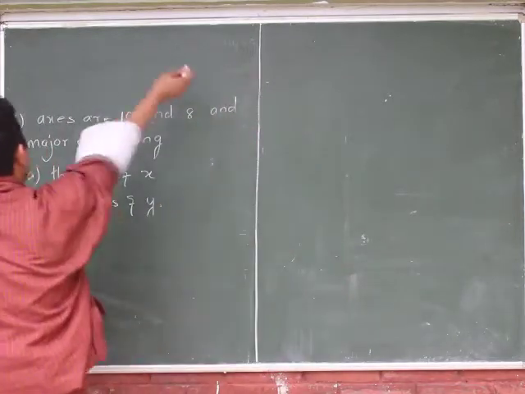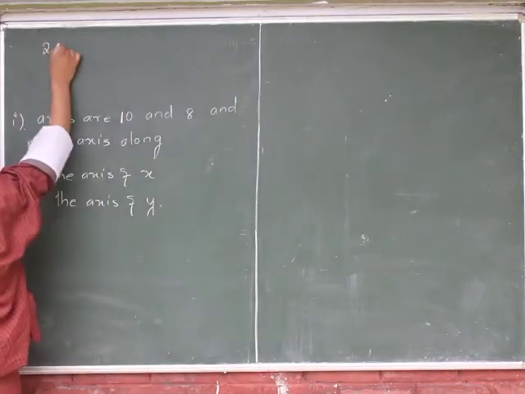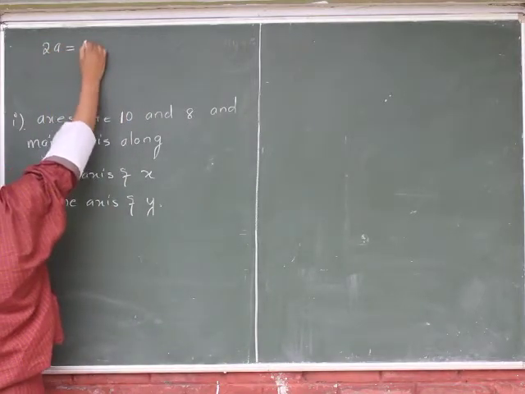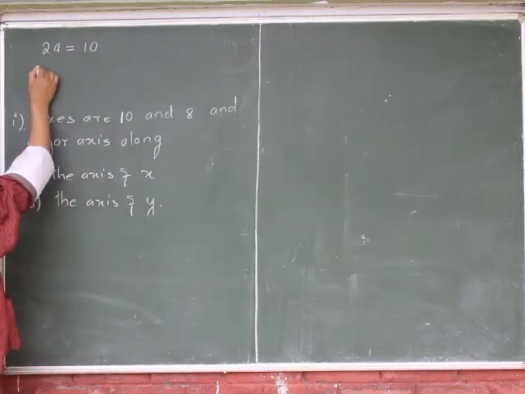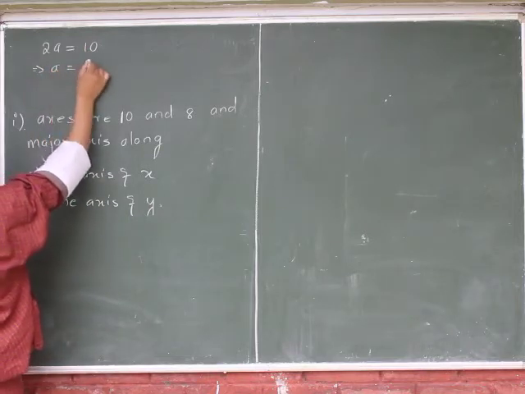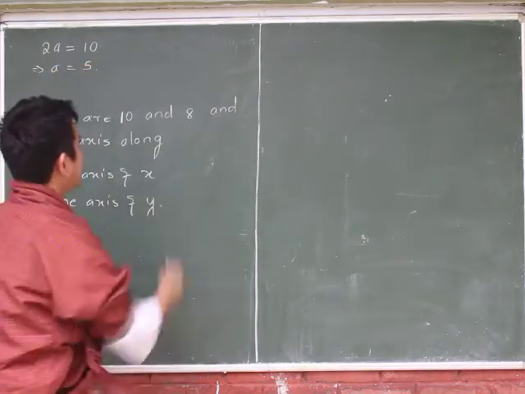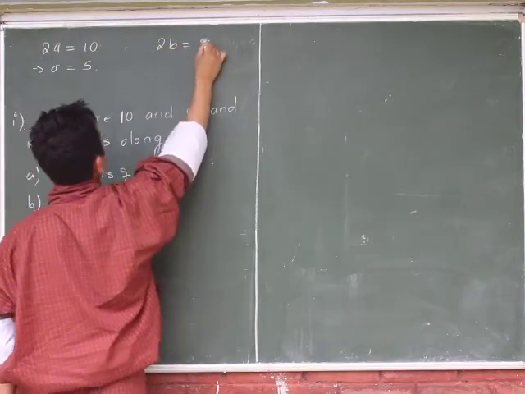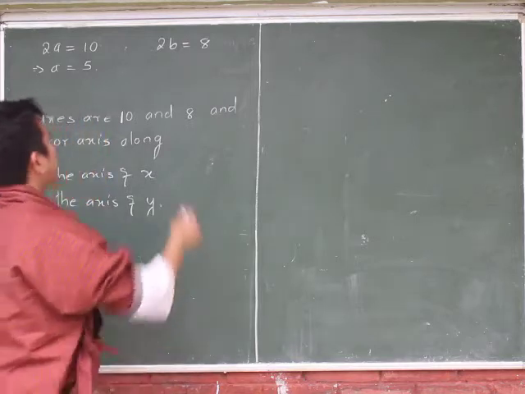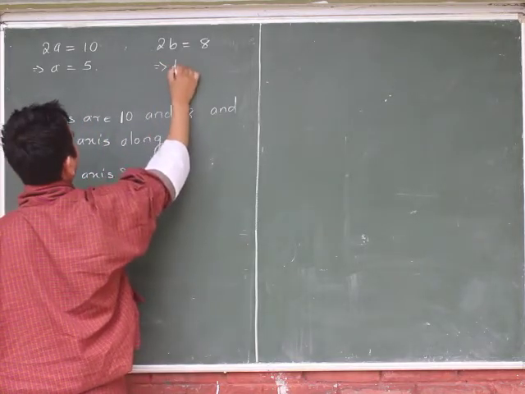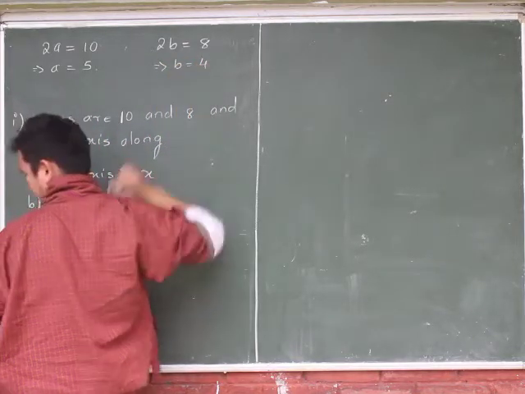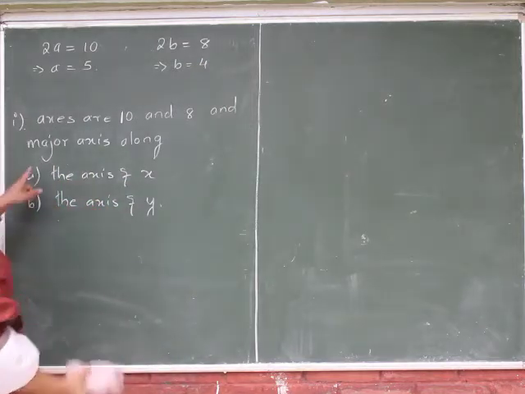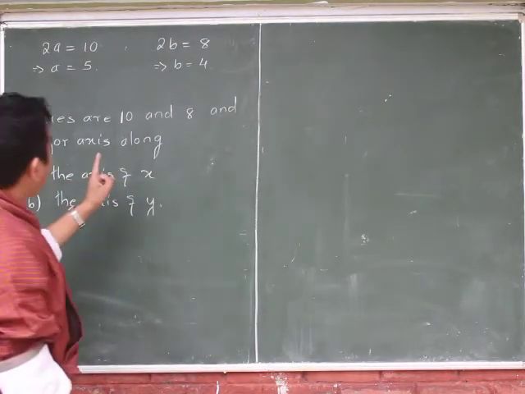Now here they have given major axis equal to 10, which implies a value is equal to 5. Similarly, they have given minor axis 2b equal to 8, which implies b is equal to 4. Now let's go with number 1. You need to find the equation of the ellipse.